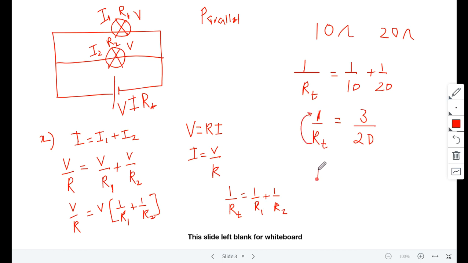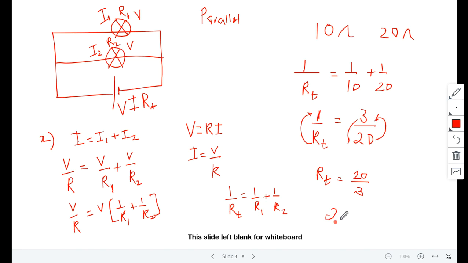So it's RT, and if you are doing this, then you have to do the same here. So 20 will go up and 3 will go down there. So it's 20 divided by 3. Is this clear? Yes. Okay. So you write this down and next question you have to solve.